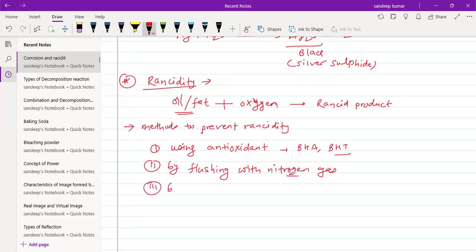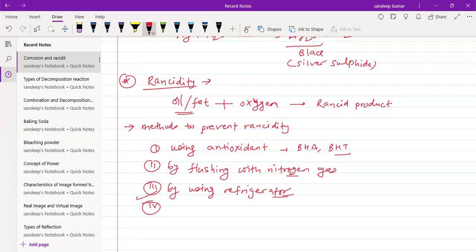Third one, by using a refrigerator. At low temperature, rancidity can be prevented, children. So you can see many food items are deep frozen to increase the shelf life of the product.